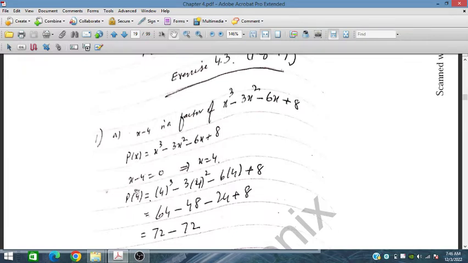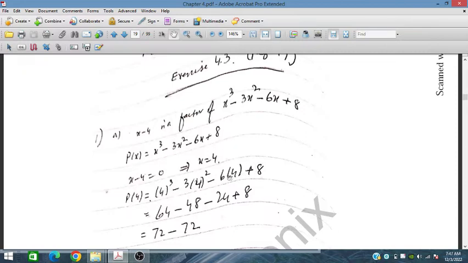If we write P(4), it means everywhere x is 4. So we'll place 4 here, 4 here, 4 here. So 4 cube minus 3 times 4 square, minus 6 times 4 in bracket, plus 8.